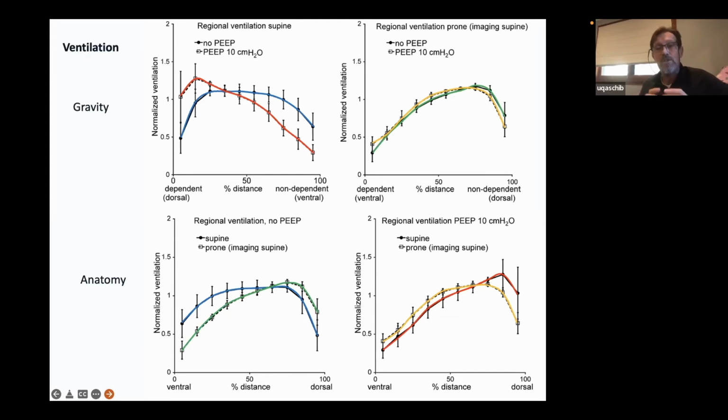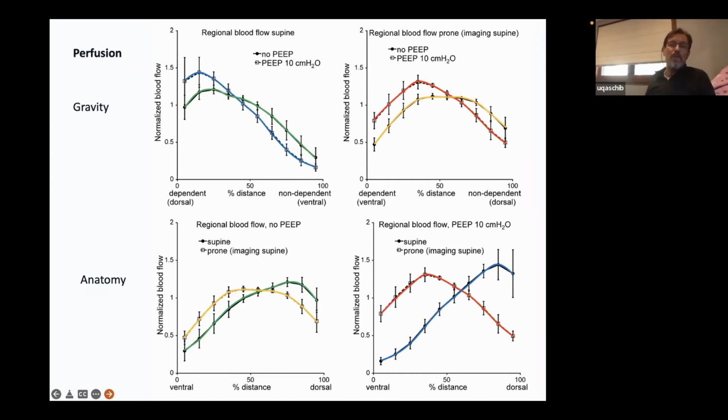So you see that as soon as we start interacting with normal physiology, we very quickly get the impact of the tissue distribution within the chest. Now, perfusion is the other one. We would assume perfusion shouldn't be affected as much by PEEP. You would probably agree, because we said perfusion is much more homogeneously distributed, depending on gravity. Now look at the upper left graph again.